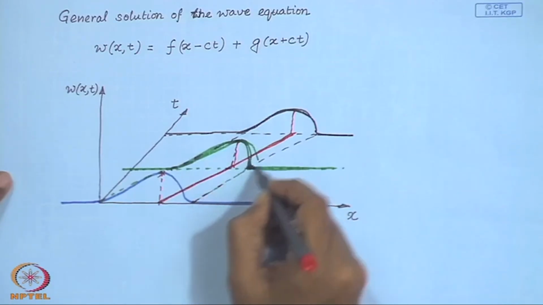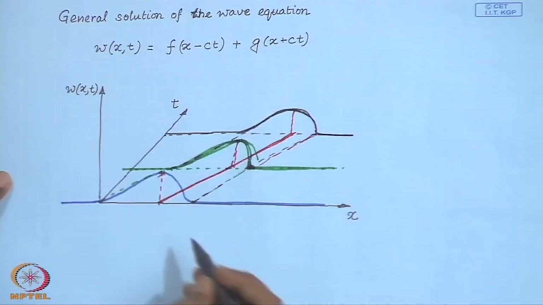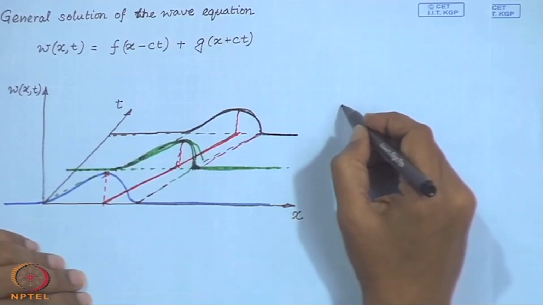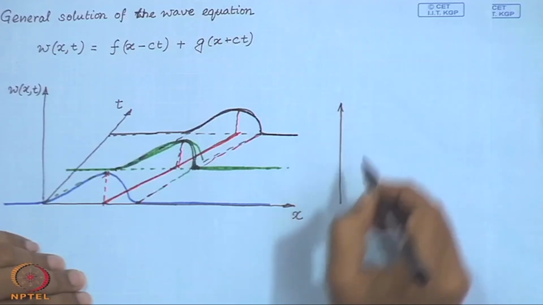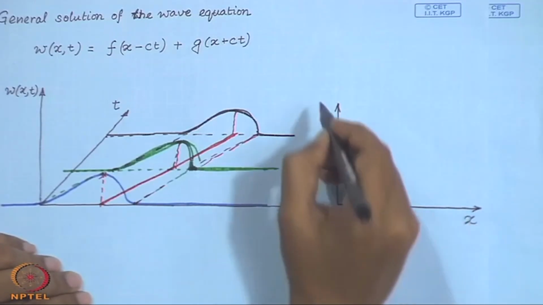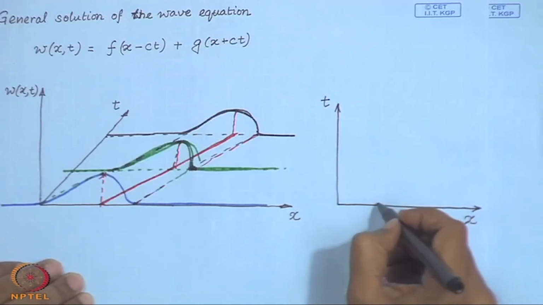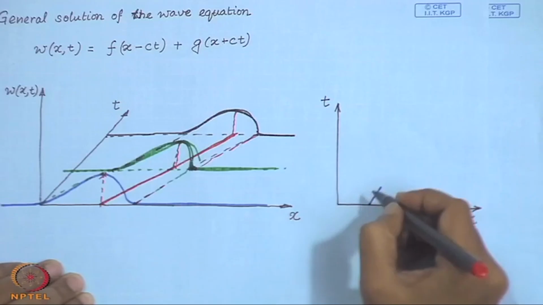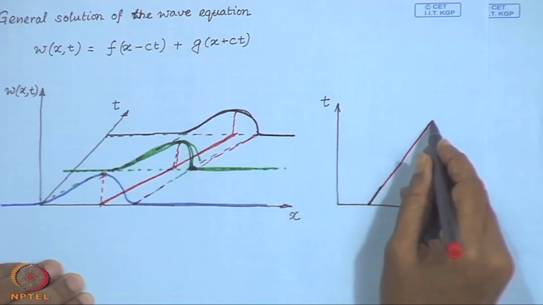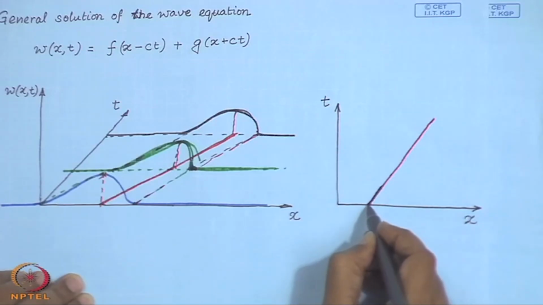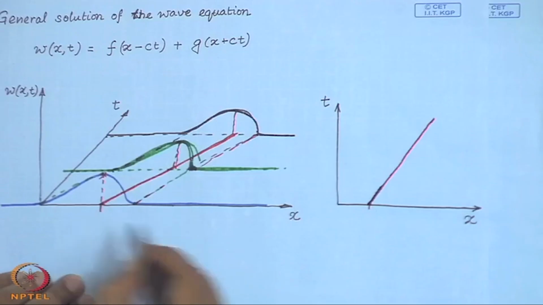Similarly, this is the line at which the boundary of this pulse is travelling. So, we can draw what is known as a space time diagram, and in this diagram suppose this point was the maximum amplitude point here, so x 0 let us say.